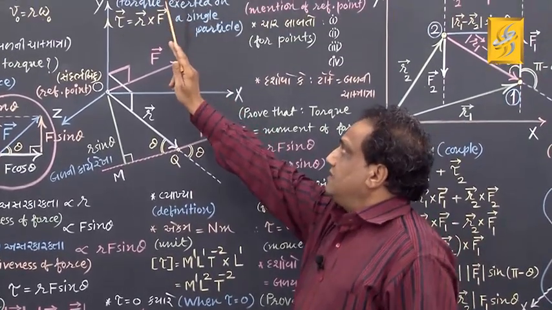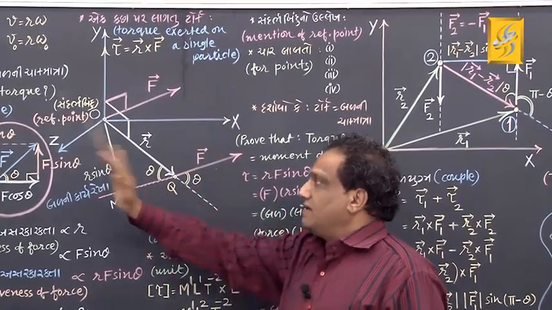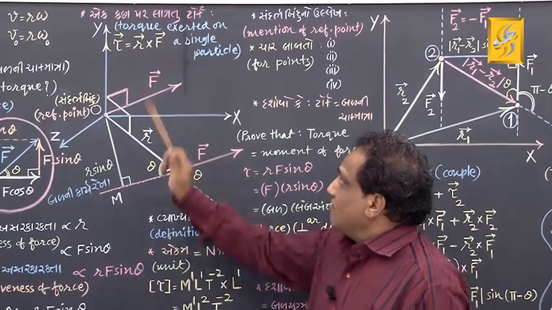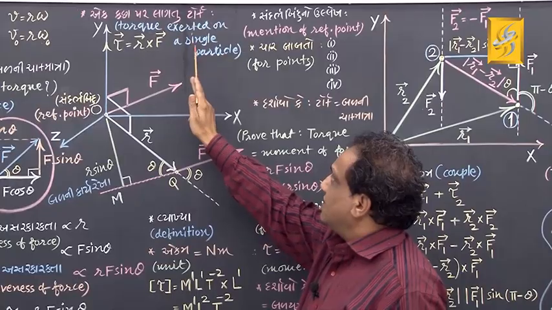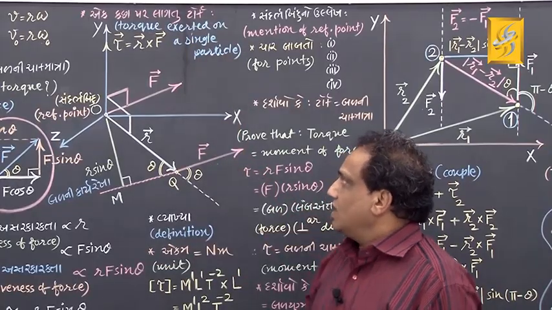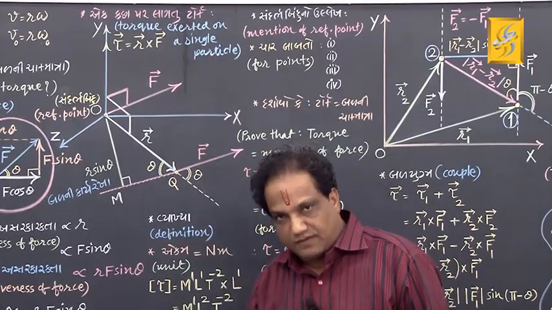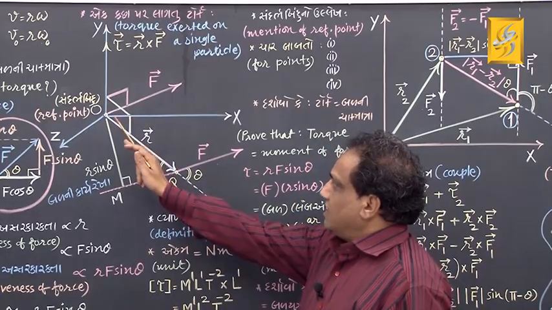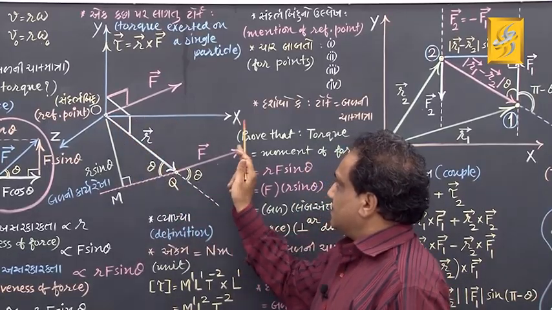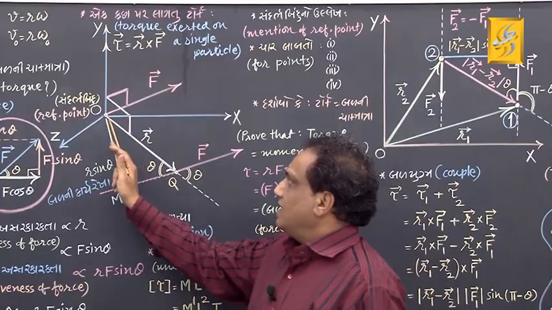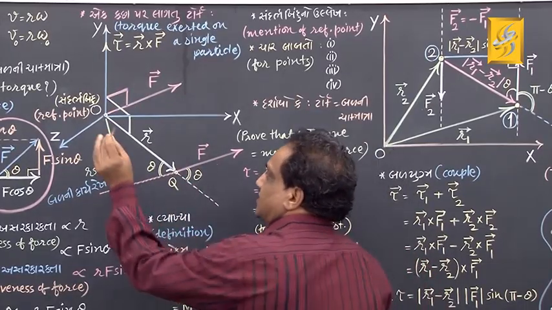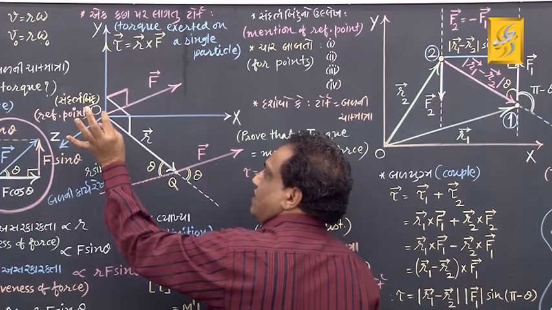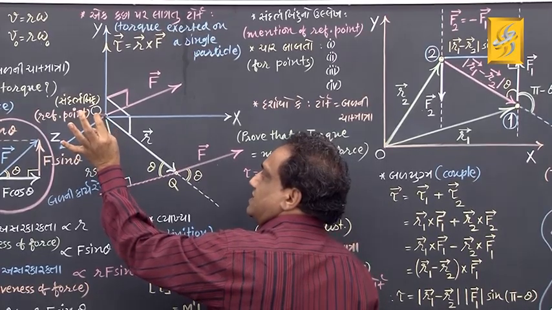Now let us take different points regarding this torque. First, torque exerted on a single particle. As usual, let us take this right hand side axis as the x axis, the vertically upward axis as the y axis, and this axis which is coming out of the plane of the figure perpendicularly, it is the z axis.